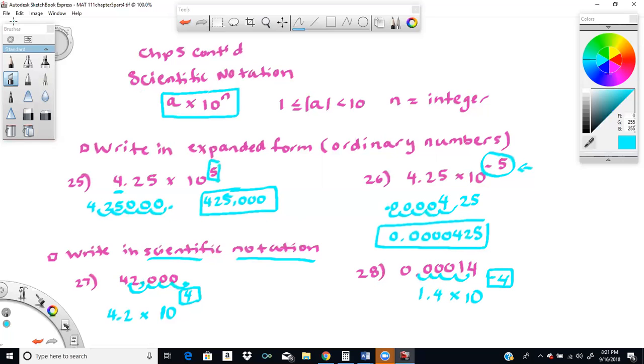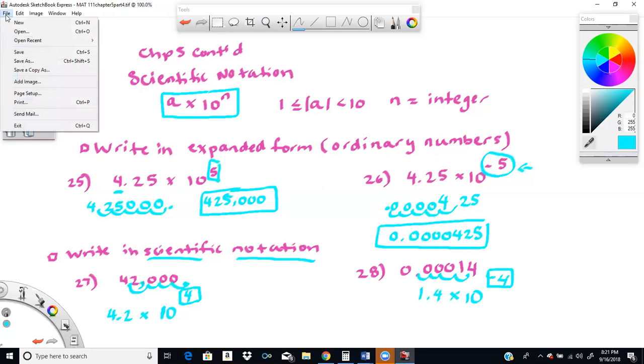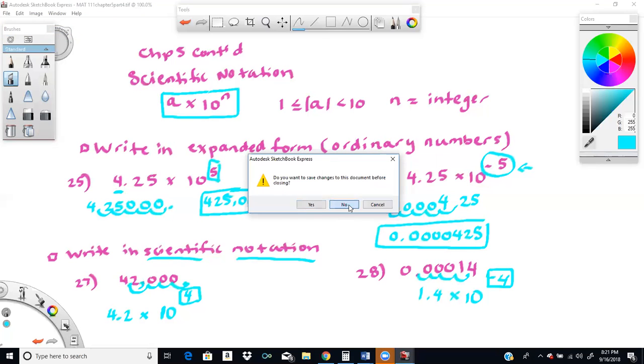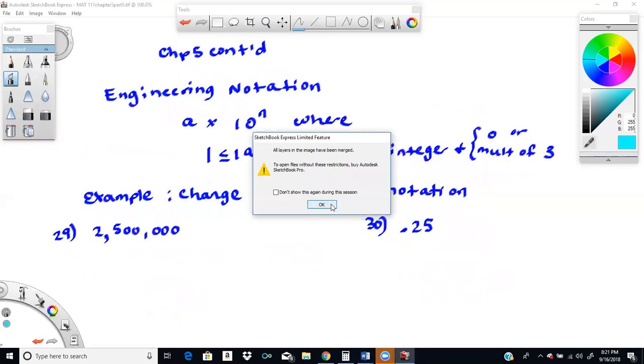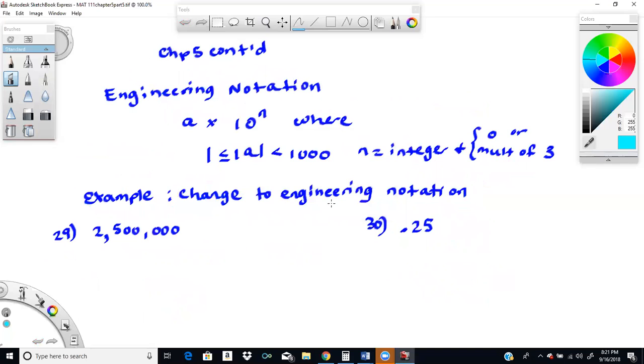All right, so let's look at engineering notation and see how they differ. Again, we're dealing with A times 10 to the n power.